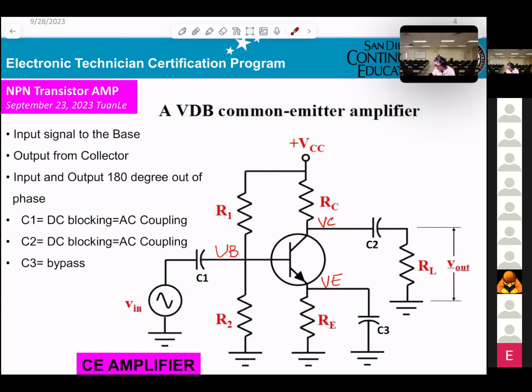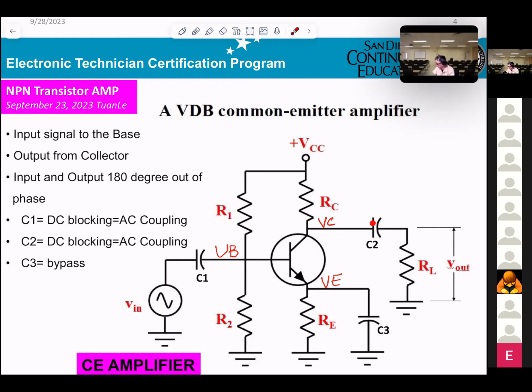That means no DC from the source goes into the base, and AC can go through C1. So that is telling you C1 is DC blocking, AC coupling.